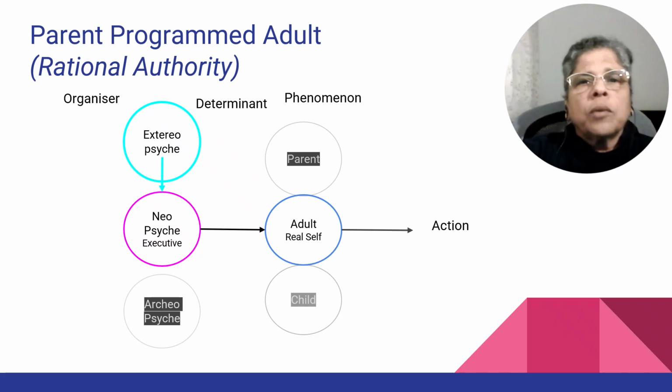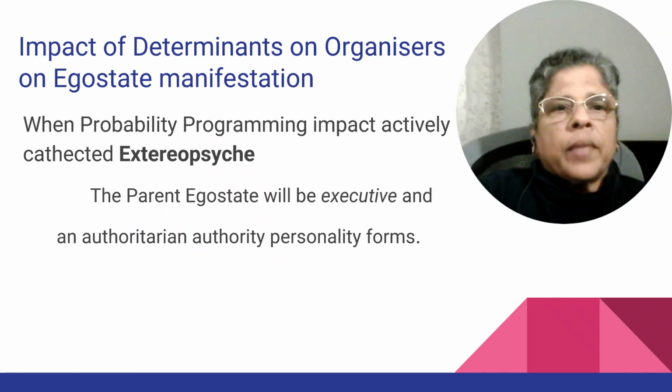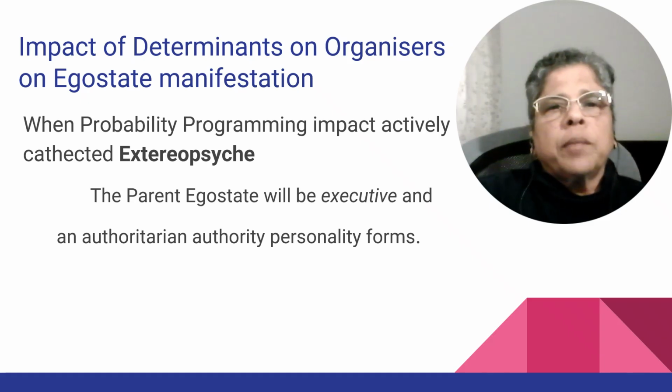The opposite is what we are going to see in the next one. When the probability programming ability or the adult is actively cathected with an influence from the exteropsyche or the parent part of the personality, what we are going to see is an authoritarian authority.